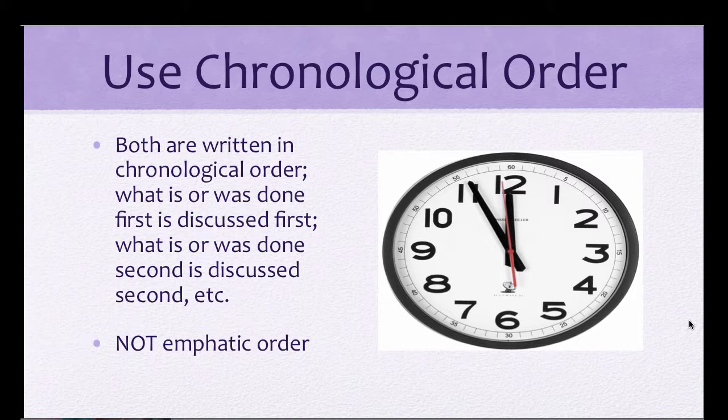Now, if you're writing a process description on brain surgery, you'll have a section on diagnosing the illness that requires the surgery, and then explaining the procedure to the patient, and then preparing the patient for surgery, and then doing the surgery, and then finally you'll have a section on monitoring the results of the surgery.